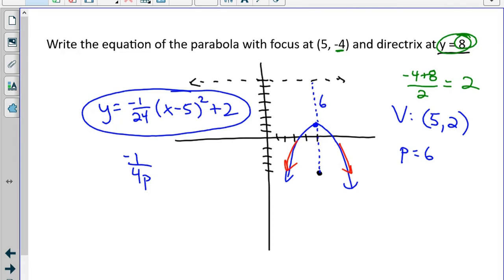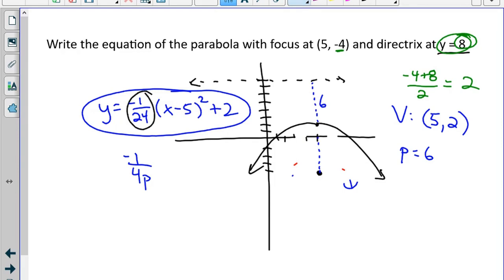So notice that in this case, my p is big, so that means my a value is small, which means that if I actually graphed this relatively accurately, this is going to be a very, very wide parabola, because 1 over 24 is a pretty small number, which leads to a wide parabola. And that is your notes on parabolas.